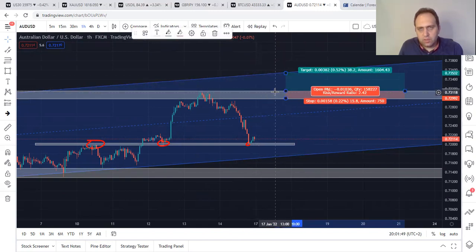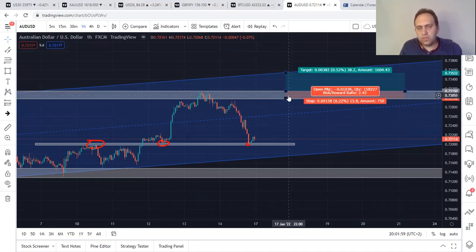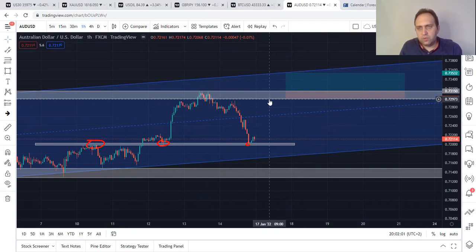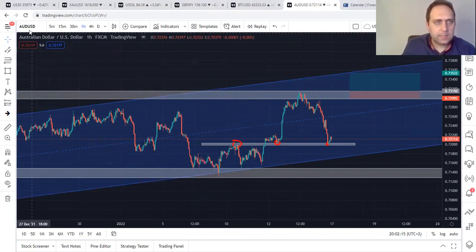So we take it at 0.7316, 0.7317, let it be higher. Stop loss 0.70, almost like 15 pips, 72.98. Take profit 73.26, 73.36, and 73.46, 73.47 TP3. Okay.